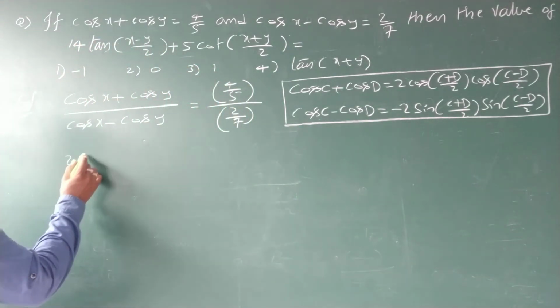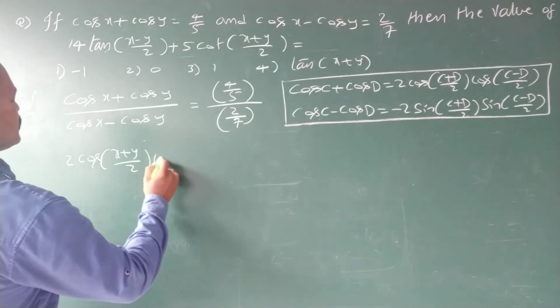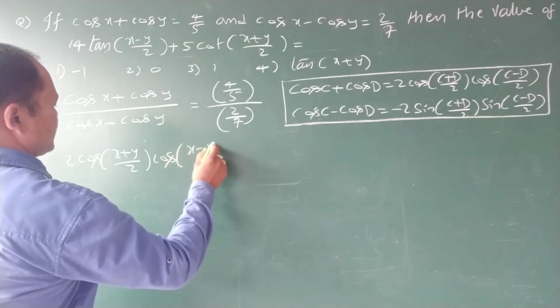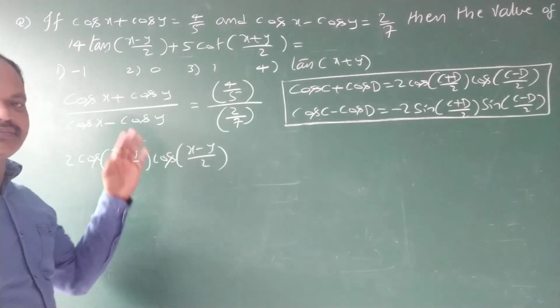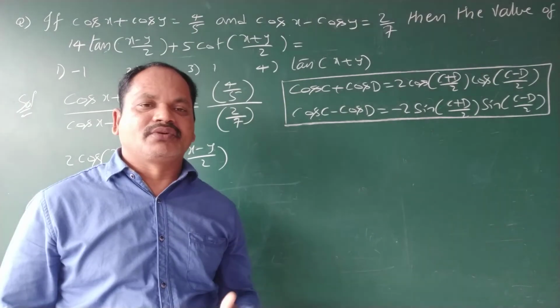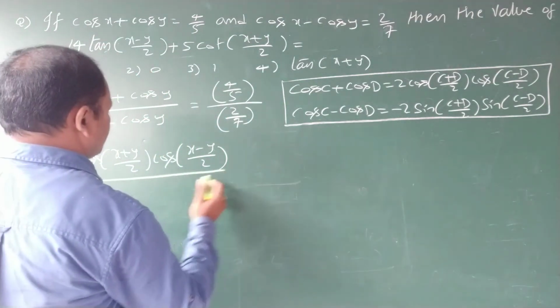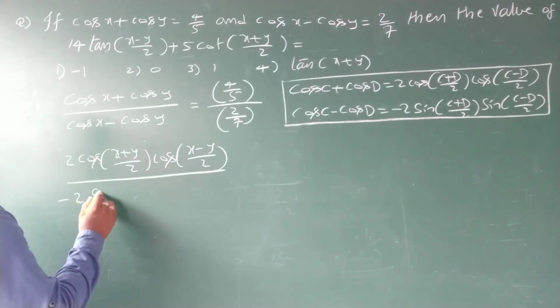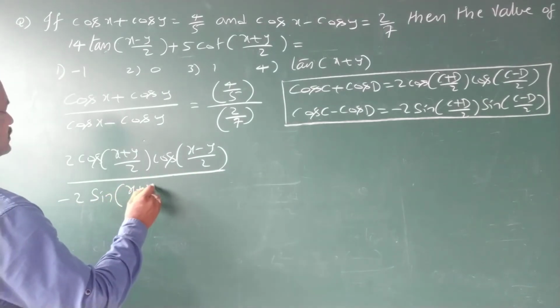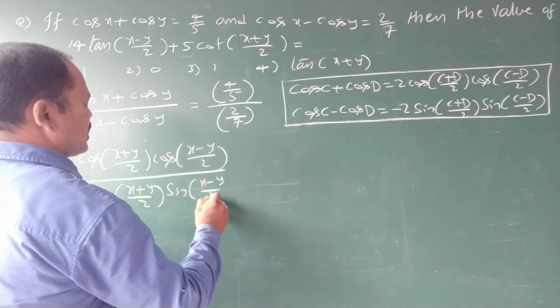Then it is 2 cos (x plus y) by 2 into cos (x minus y) by 2, since in place of C we have x and in place of D we have y, whole by minus 2 times sin (x plus y) by 2 sin (x minus y) by 2.